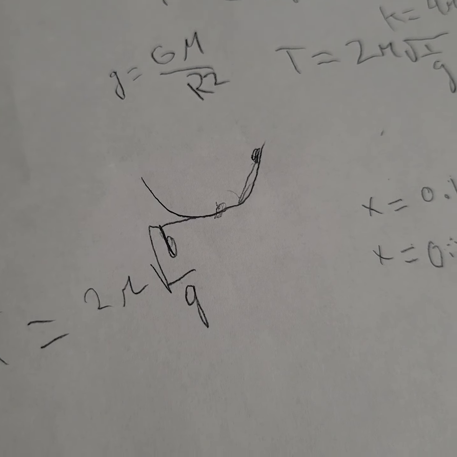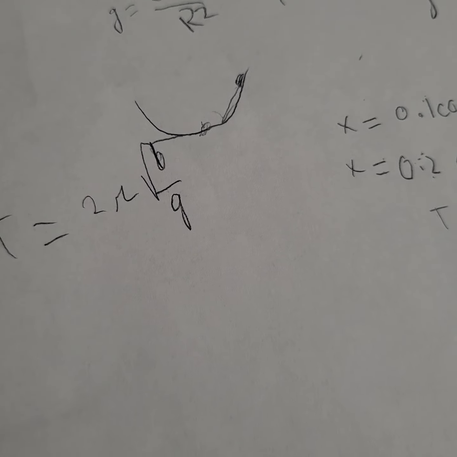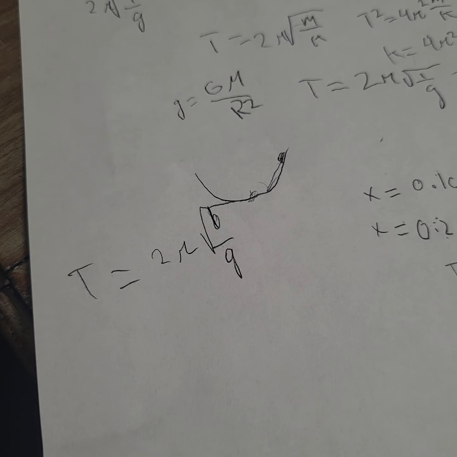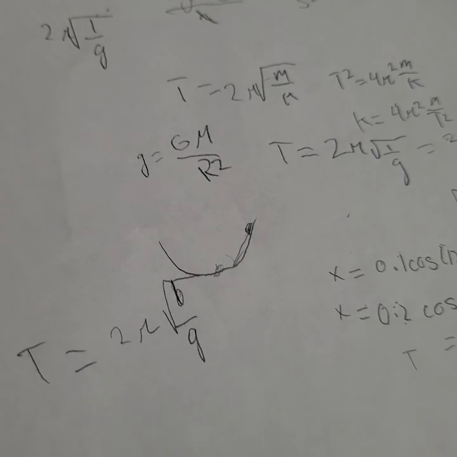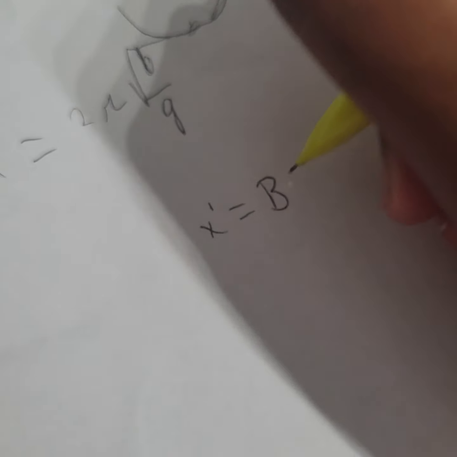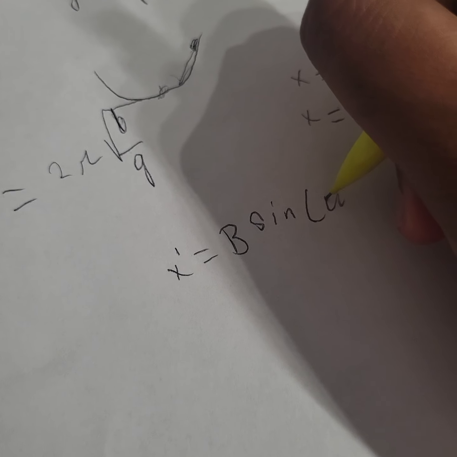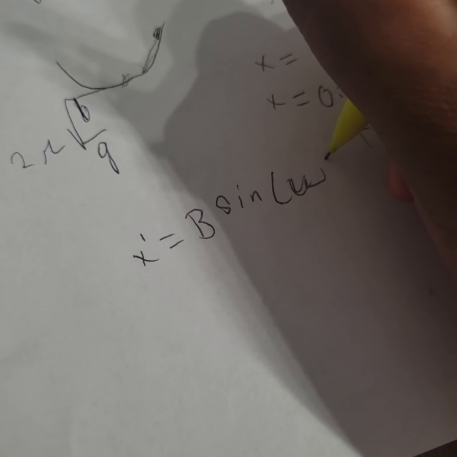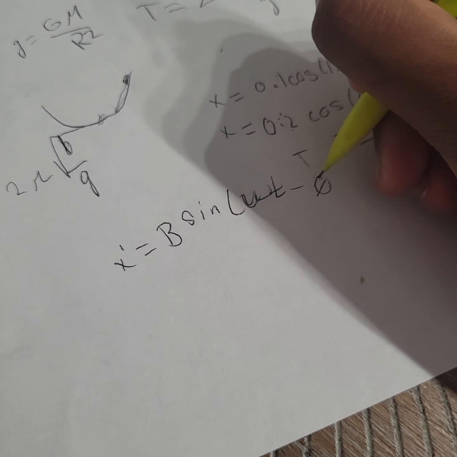Then the next question asks about how a period could be gotten from this equation in the form of x equals beta sine of omega, angular velocity, times t plus phi.